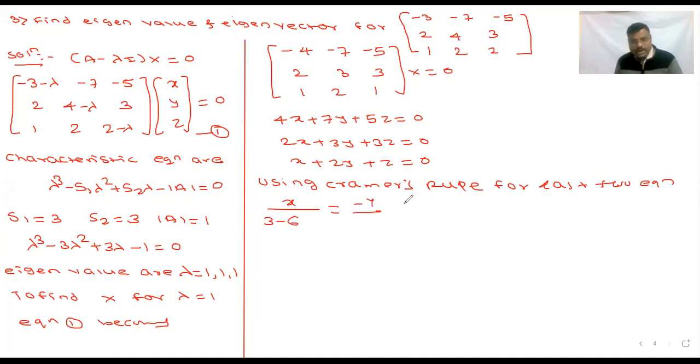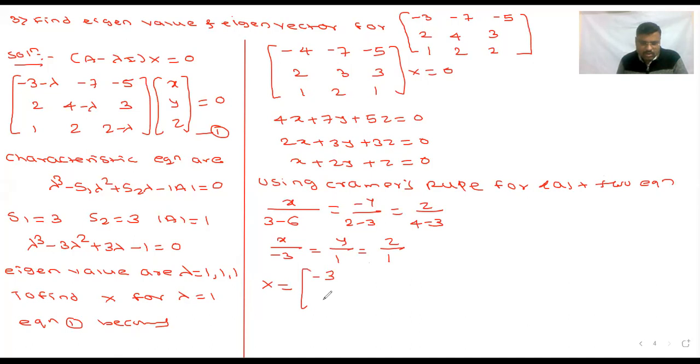Then y divided by 2 minus 3, z divided by 4 minus 3. So x divided by -3, y divided by 1, z divided by 1. So we get x equal to -3, 1, 1, the eigenvector for lambda equal to 1.